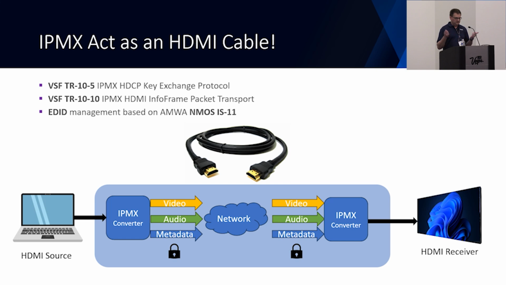It will recreate the timing of the source with a bit of latency, but it will not necessarily introduce 1 frame or 2 frames of latency. It may introduce only a few lines of latency between your sender and your receiver, and you will still have access to the InfoFrame and the HDCP encryption, so it really behaves like an HDMI cable, if you want.